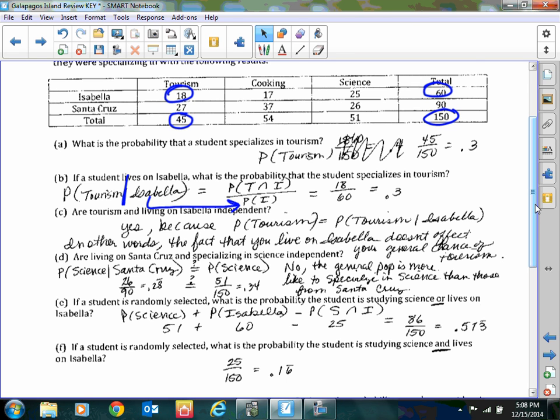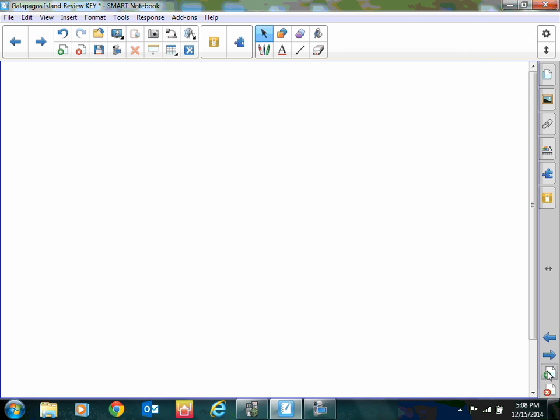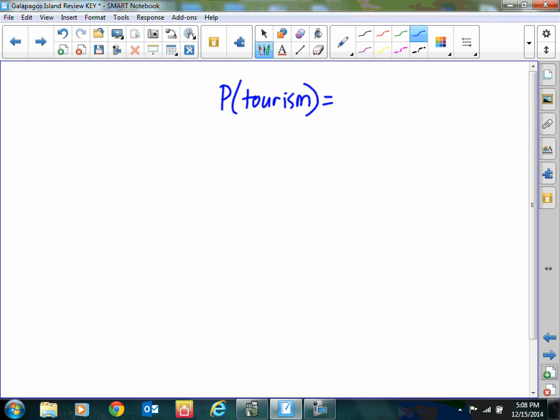So I want to make sure that you have got this test for independence down, and it looks like this. Basically, the probability of tourism was 0.3. The probability of tourism, given that you came from Isabella, or you grew up on Isabella, is also 0.3. So, here's what happens.